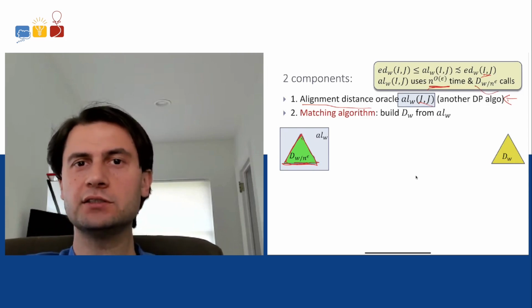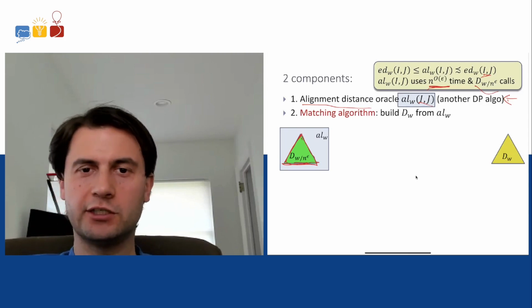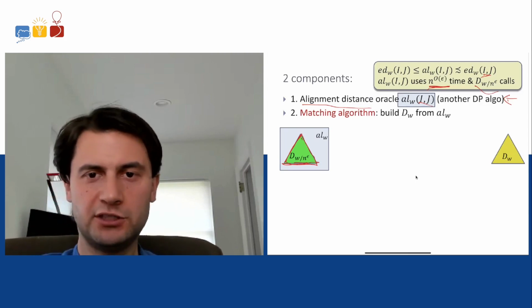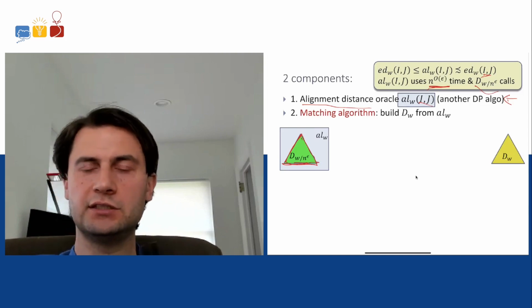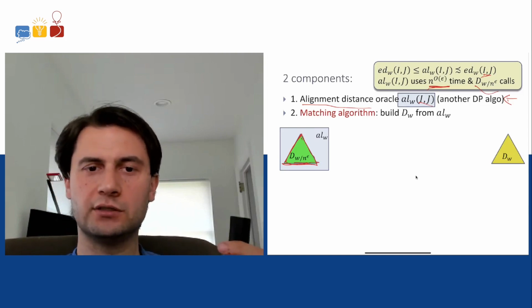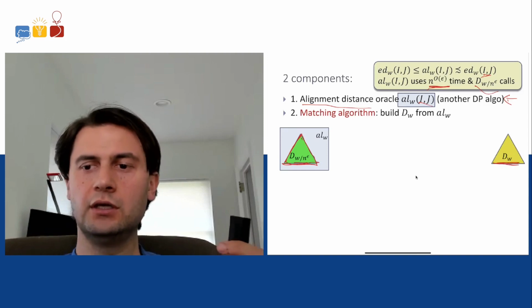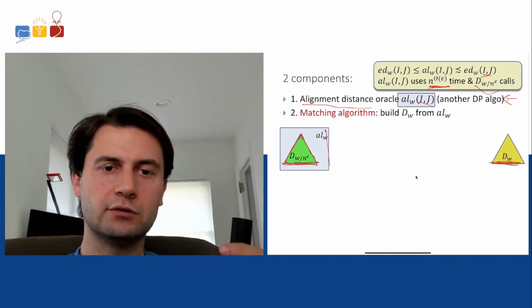And the other part is using the triangle inequality aspect. This is much more complicated. We call it the matching algorithm, and it basically builds the distance oracle from these blocks.